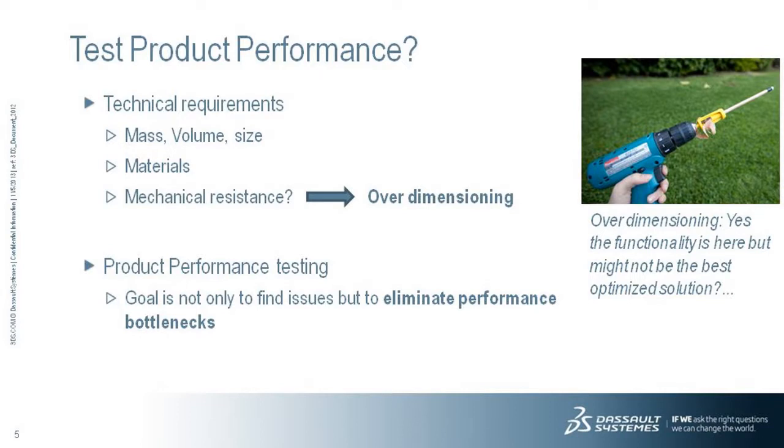Often, virtual testing is seen as a tool to avoid failure, but this is not the only application. Indeed, the goal of performance testing is not only to find issues, but it is really to eliminate performance bottlenecks. Performance testing uncovers what needs to be improved, what needs to be optimized before the product goes to market.